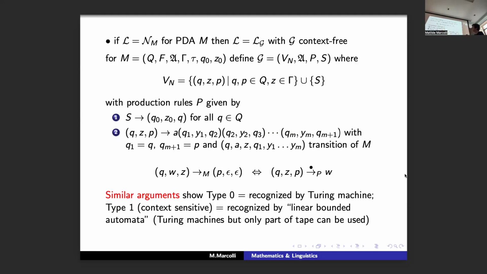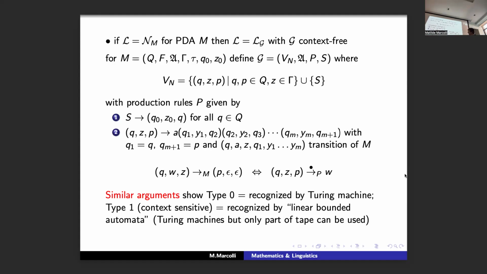So you take as the non-terminals all these possible configurations of the automaton that have two states, and so when you specify just the two states and a letter in the stack, that's your non-terminals. And the start symbol that you add to that. So the start symbol just allows you to initialize the automaton and the stack, and one production rule that you include is that all the states are accessible in this form, and these are going to be like intermediate steps of your calculation.